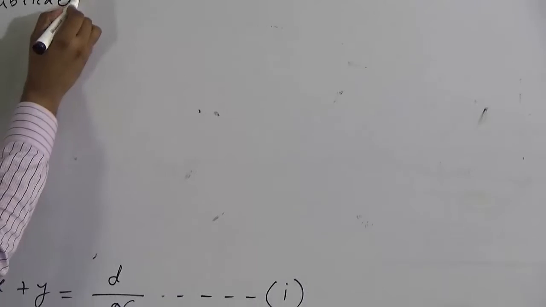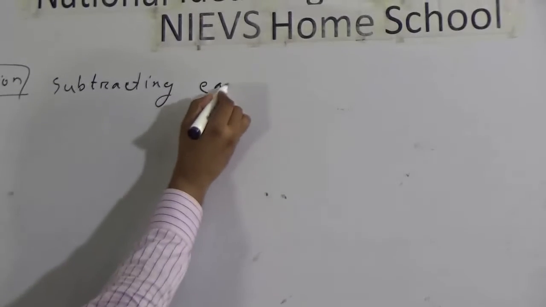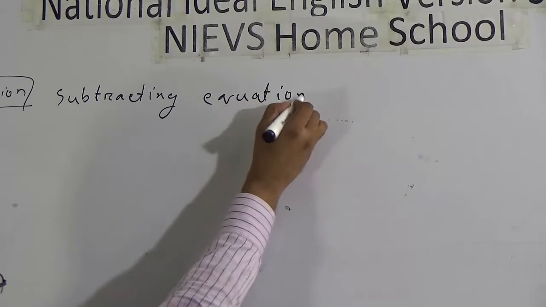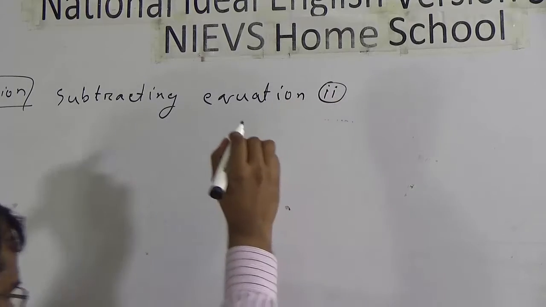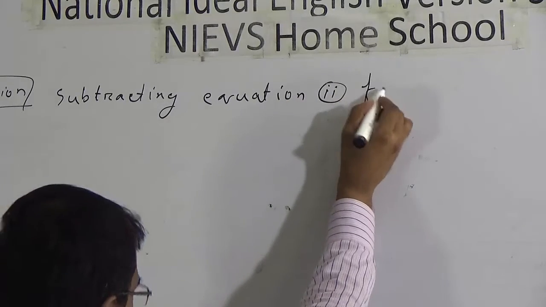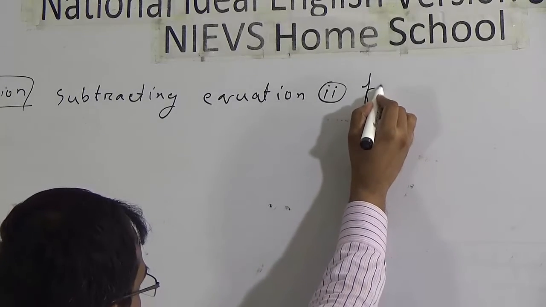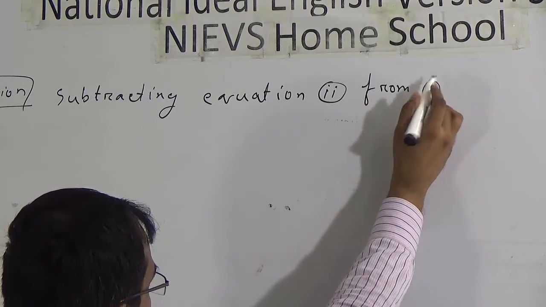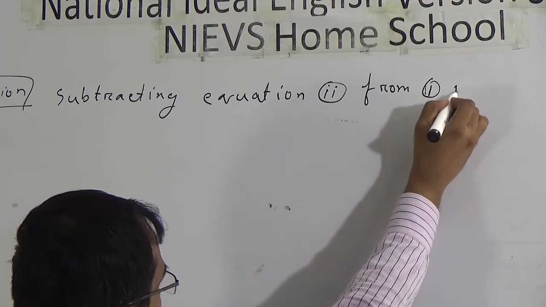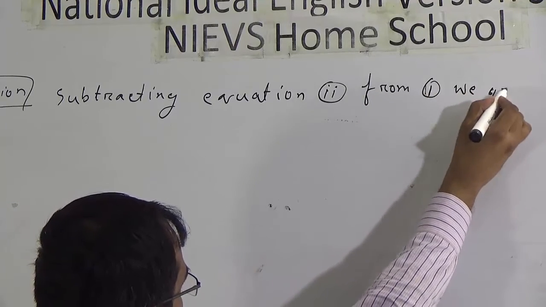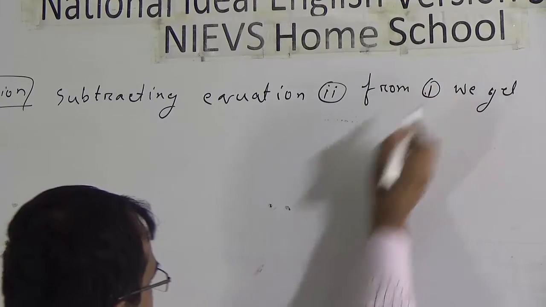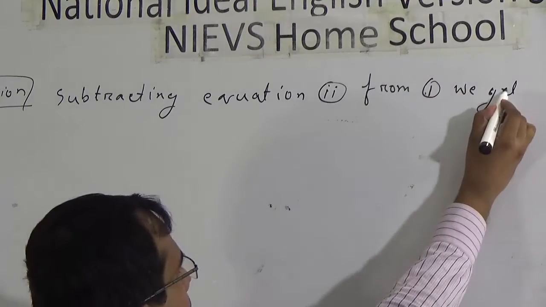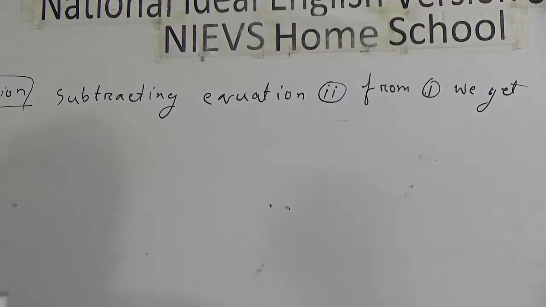Subtracting equation 2 from 1, we get, at first we'll write the left side of equation 1, it's x plus y.